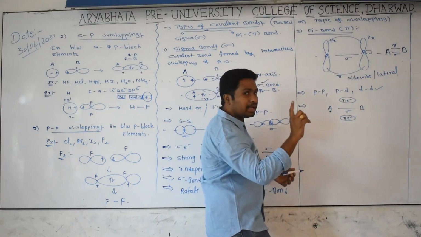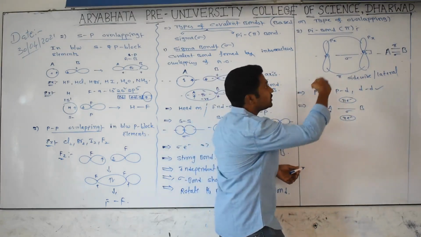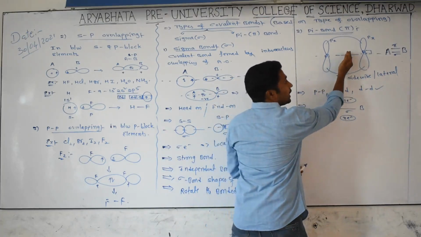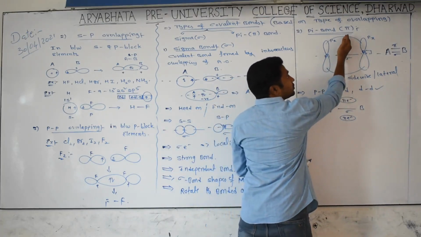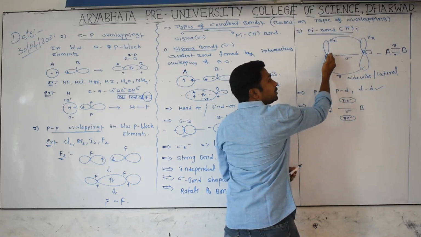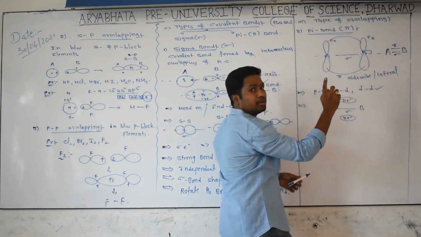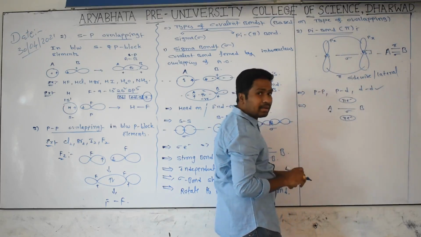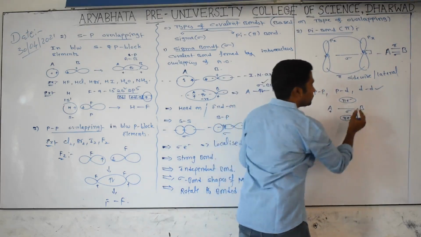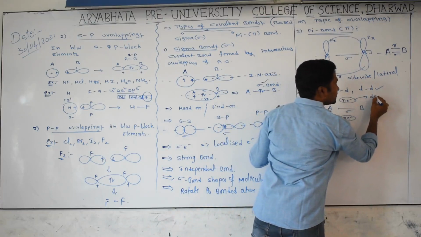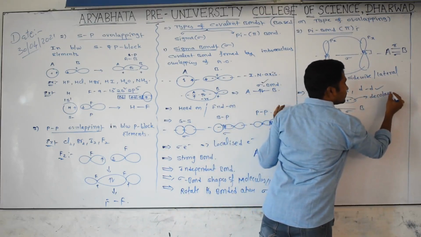They are not on the internuclear axis and maintain much gap from the nucleus. That's why the electrons rotate above and below the plane. Do they have any location? No. That's why the pi electrons are called delocalized electrons.